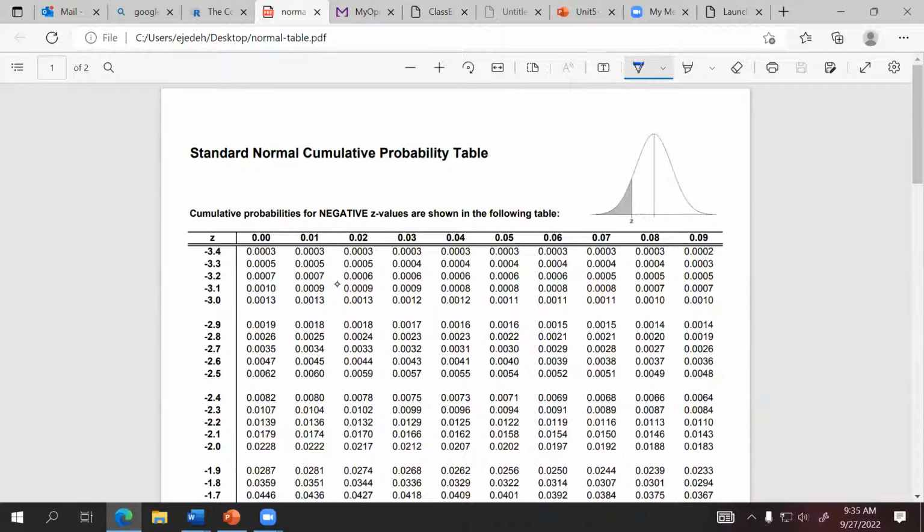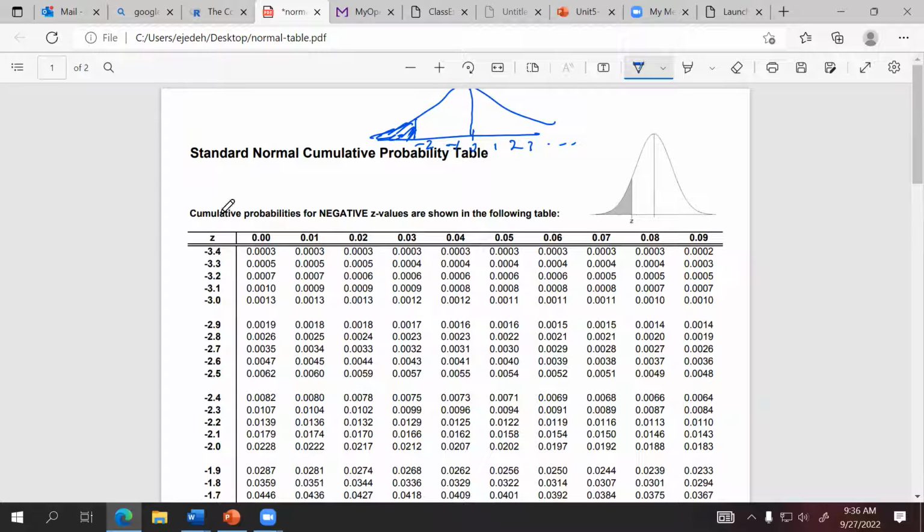Recall that if this is your normal distribution, the middle is 0, on the right you have positive values, and on the left you have negative values. Half of this is 50%, so 6% should be very low on the tail. We expect our Z value to be negative.